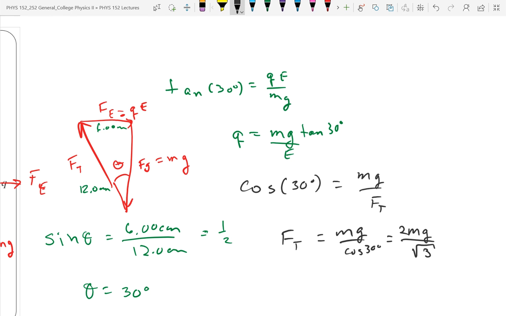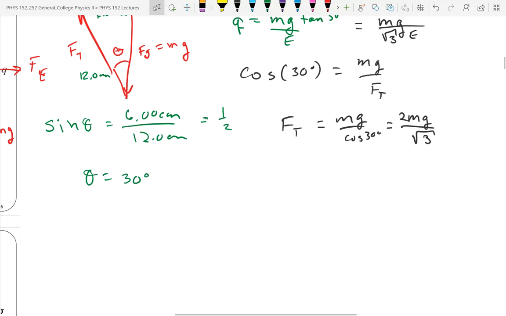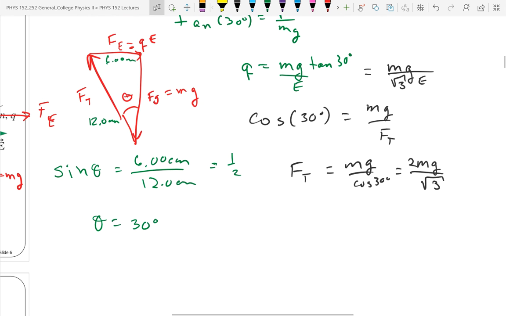I guess I could have finished this out too. So that's just putting in what tangent of 30 degrees is, what cosine of 30 degrees is.